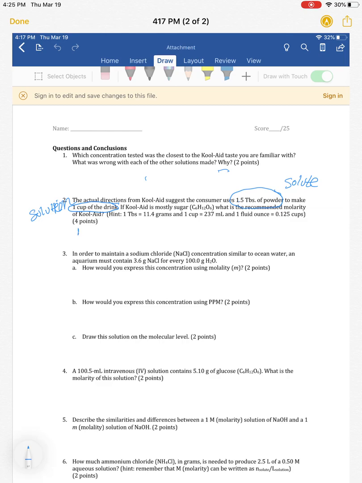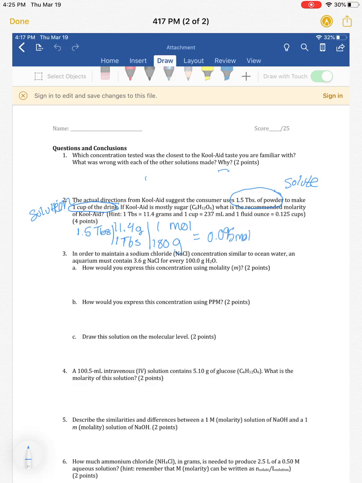So I'm going to whip out some dimensional analysis. 1.5 tablespoons. There are 1 tablespoon for every 11.4 grams. I can go from grams to moles using the periodic table, 180. We calculated that earlier. And that gives me 0.095 moles.